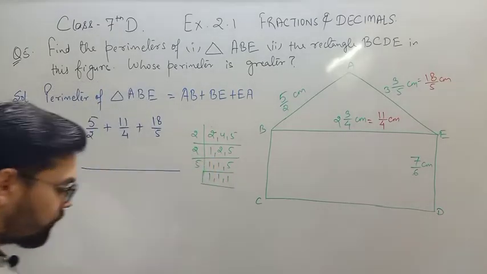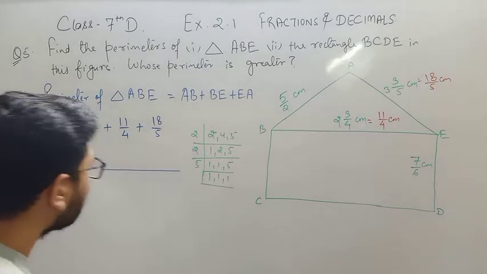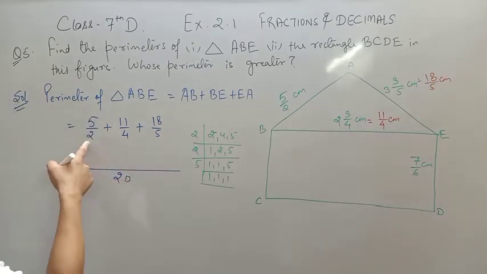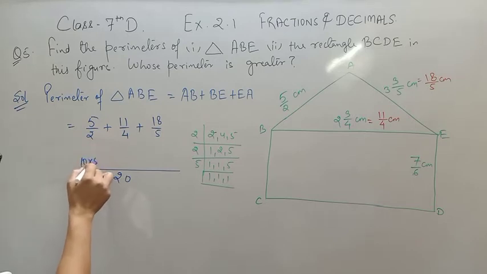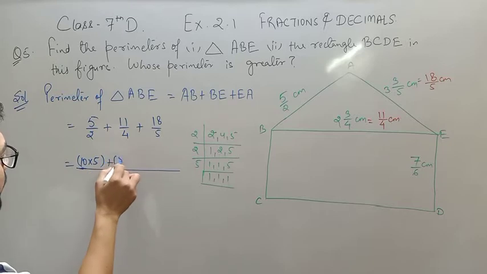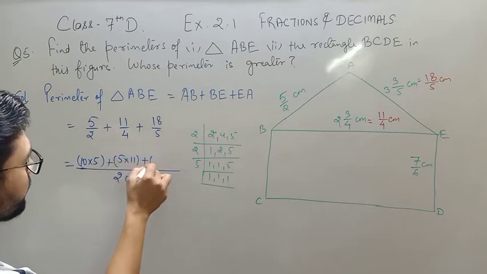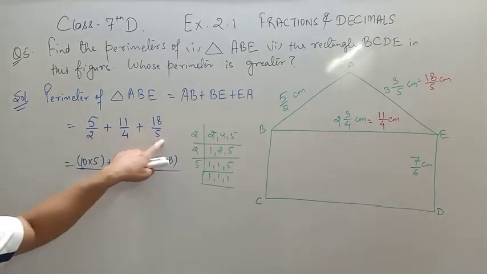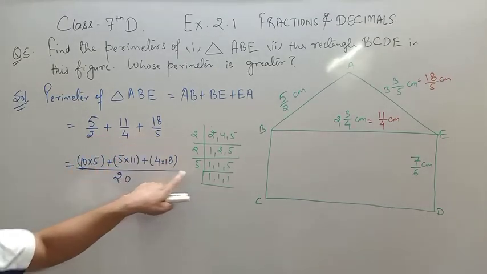So 2 tens are 20, into 5. 4 fives are 20, into 11. 5 fours are 20, into 18. Any doubt? The LCM of 2, 4 and 5 is equal to 20.